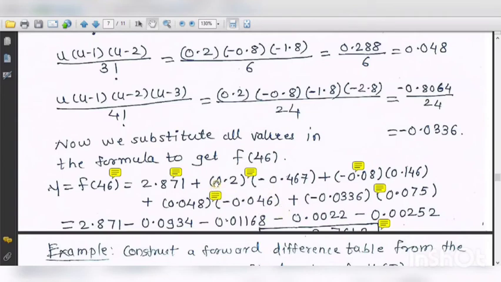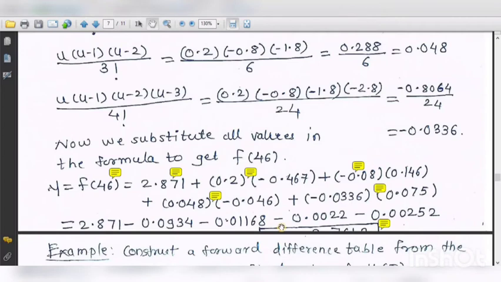So here this term is plus, this term is minus, so the final answer is minus. So it is minus 0.0934, the product of this. Again here one term is negative, the next term is positive, so the final answer is negative and it is 0.01168.